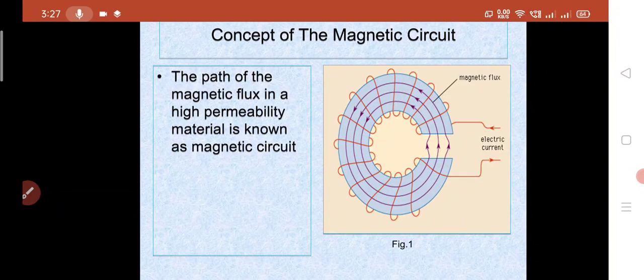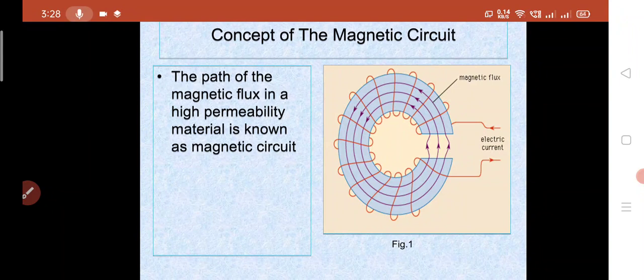A magnetic circuit consists of a high permeability magnetic material called core. The high permeability material allows magnetic flux through it very freely.